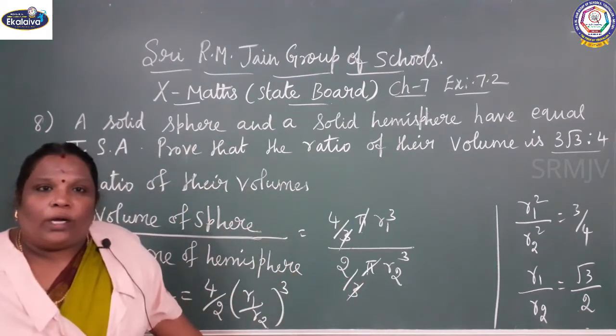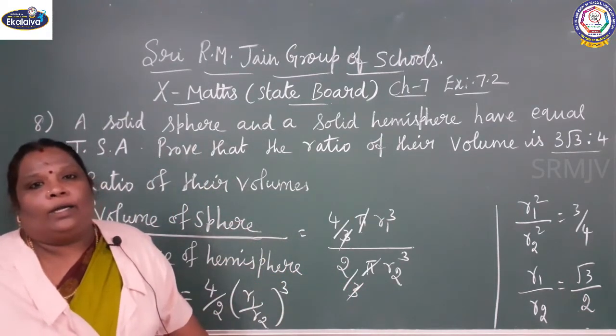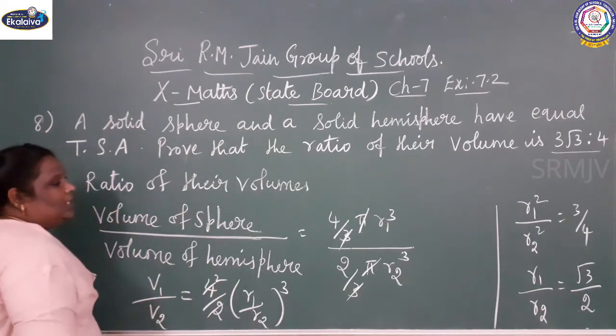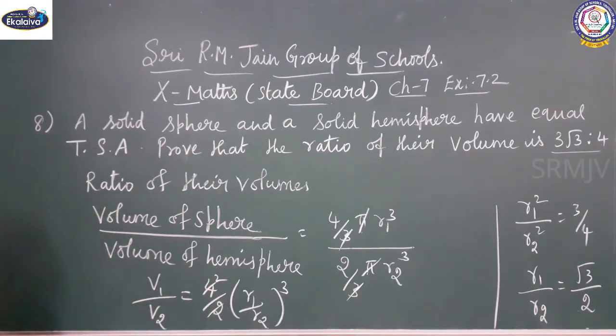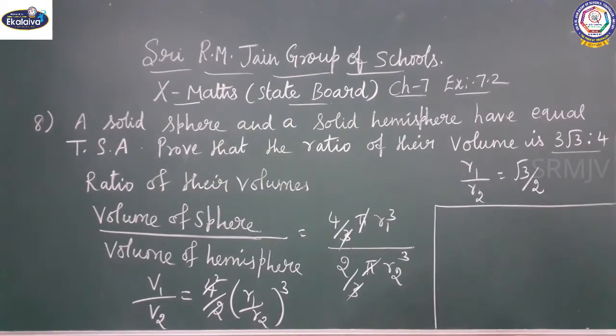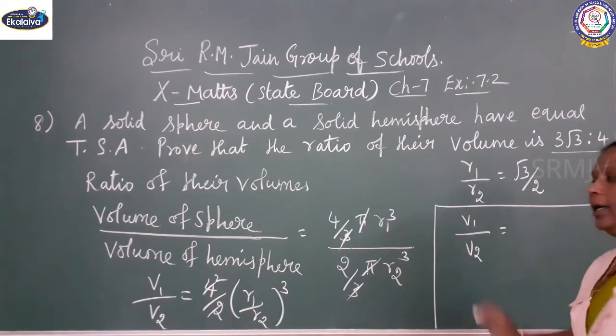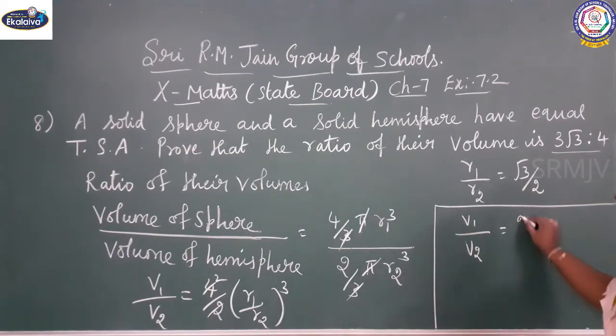So we read it as R1 by R2 the whole cube. So this gets cancelled. What is the remaining thing we are having? V1 by V2 equal to 2 into R1 by R2 the whole cube.